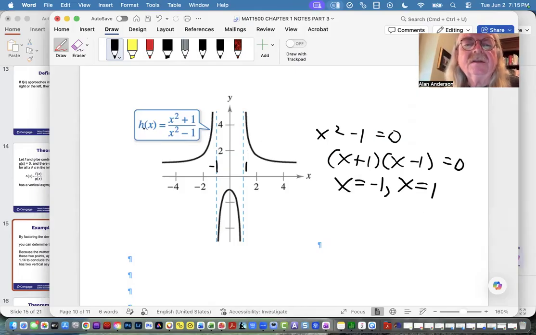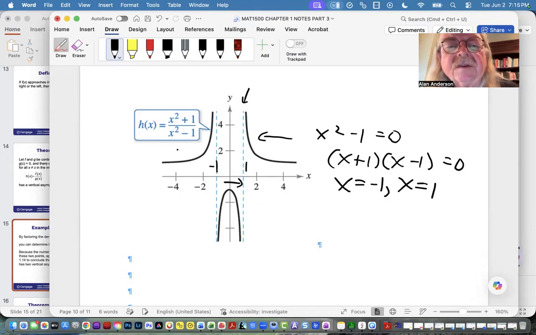So if you notice, just focusing on the one, approaching from the right, the function goes up to infinity. Approaching from the left, it goes down to negative infinity. And then for the negative one, as we approach from the left, now the function goes up to infinity, and as we approach from the right, the function goes down to negative infinity. So it's the same thing in both cases. It's approaching infinity or negative infinity, depending on which direction we're coming from. But that's how we can tell that these are asymptotes.